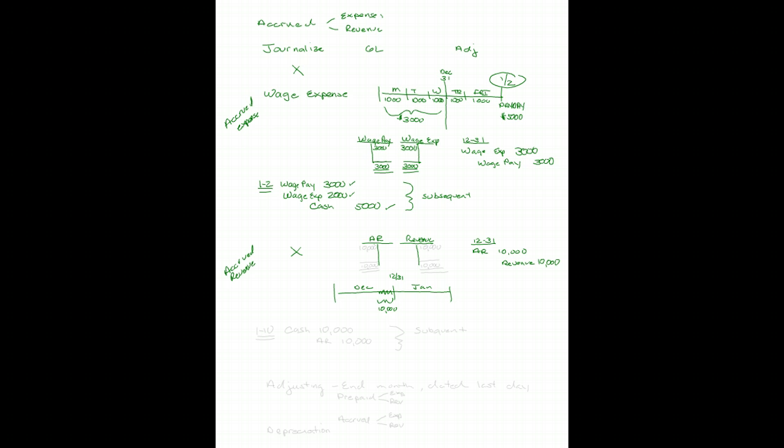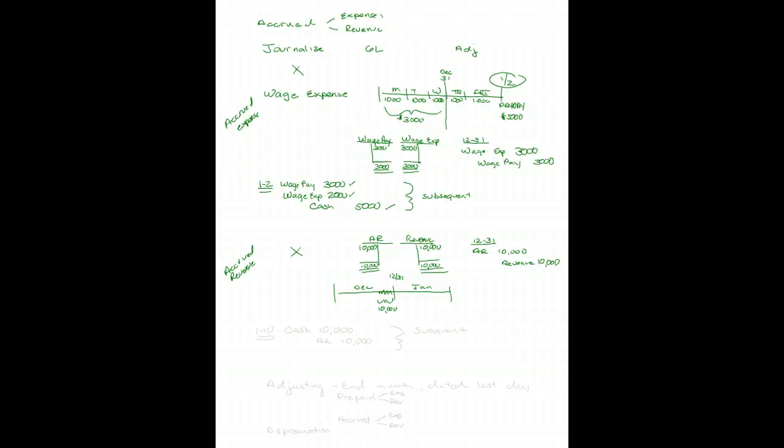It belongs in December. And so I'll set up that receivable, accounts receivable $10,000, and I'll pick up the revenue. So as of December 31st, I show someone owes me $10,000, and they do. They've done the work, and the revenue's been picked up in the current period. I earned it in December, and it's in December.